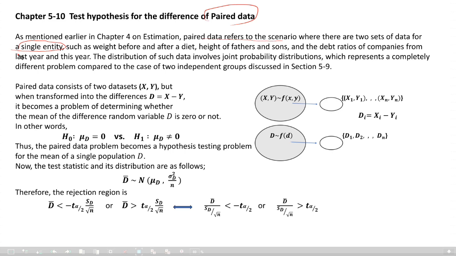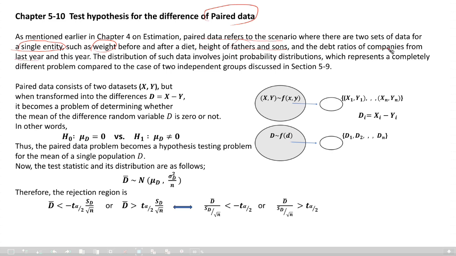For one person, for one objective, we have two sets of data, such as weight before and after a diet, height of fathers and sons in one family, father's height and the grown-up son's height, and the debt ratios of companies from last year and this year.